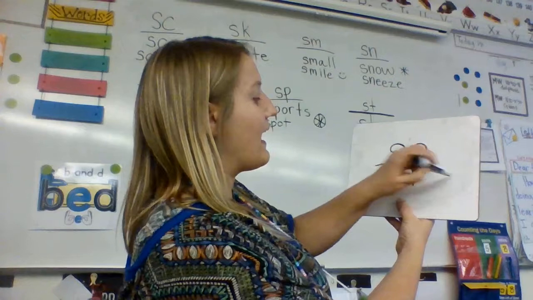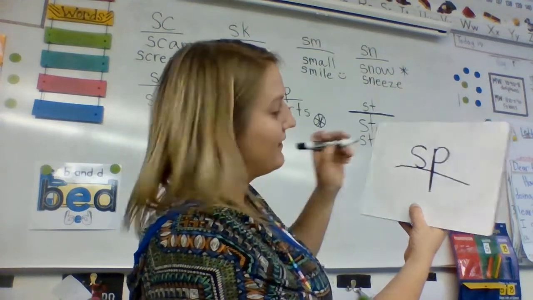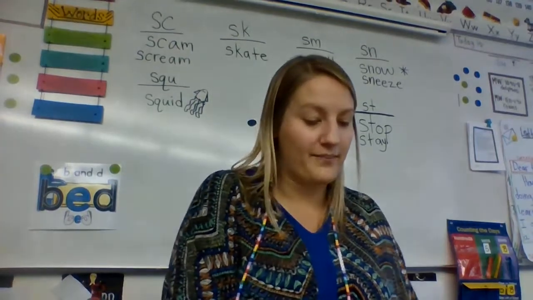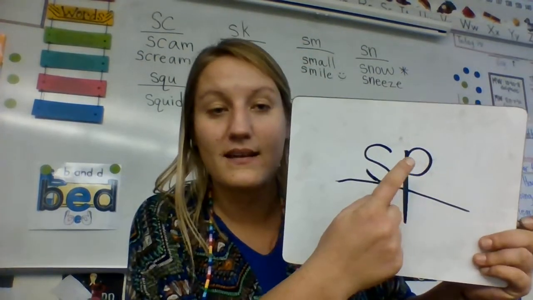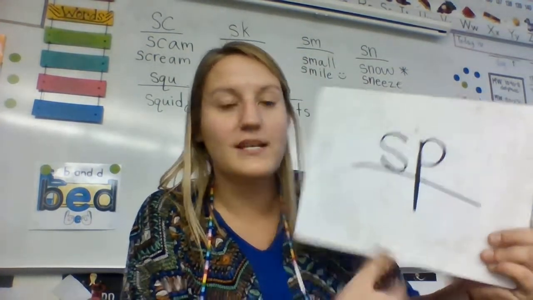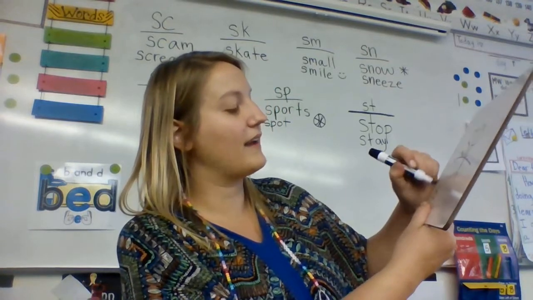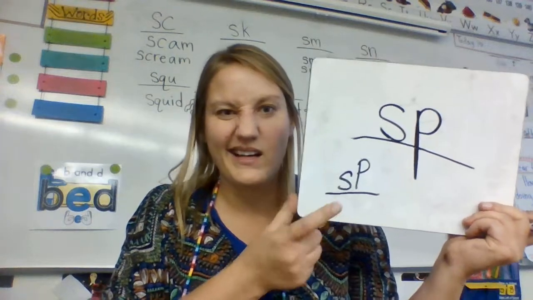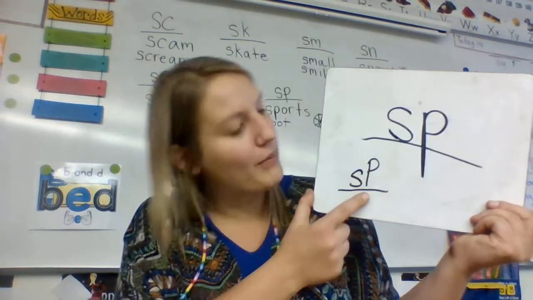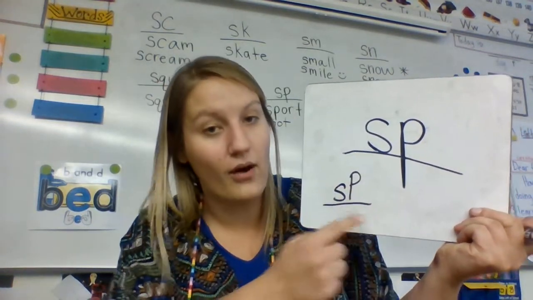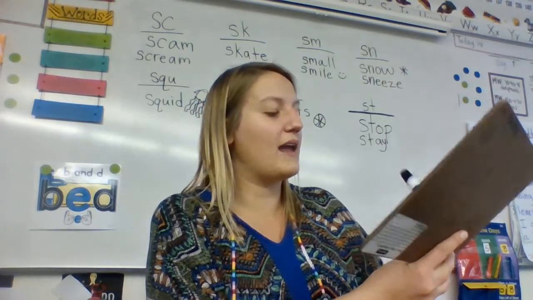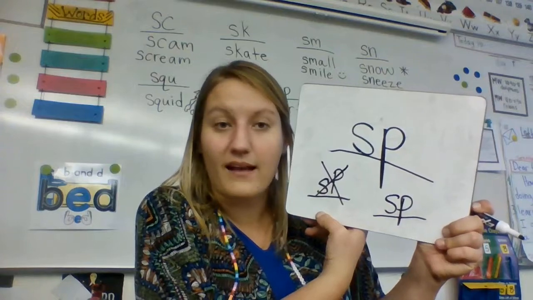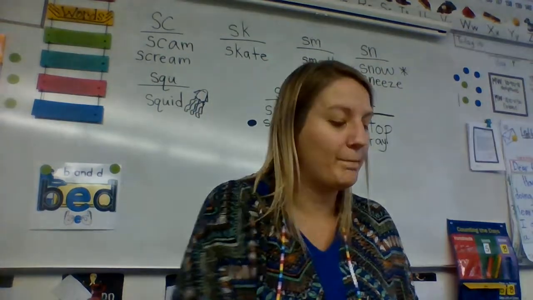SP says sp. Awesome. Notice, my friends, that my P is not on top of the line. Some of us like to write our SP like that. And our P would be a capital here, so we need him to come down and sit right on the line. SP says sp. Good job.